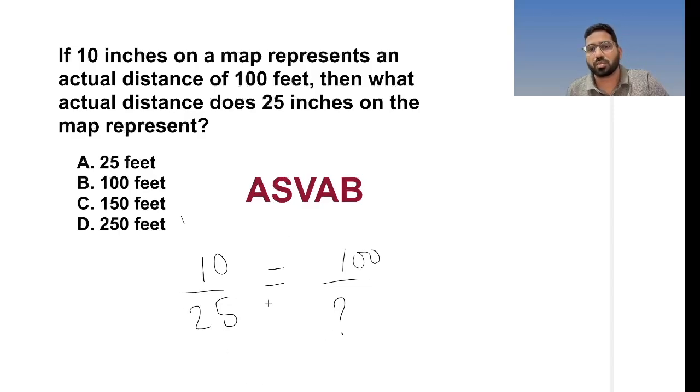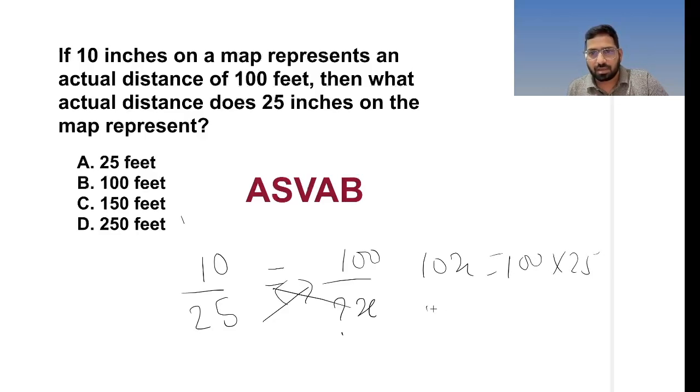Just take it as x and cross multiply. So I will multiply 10x equals 100 times 25. x will be, this will come divided, and it becomes 250 feet.